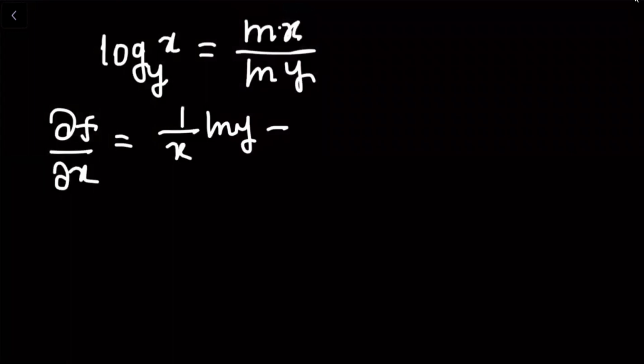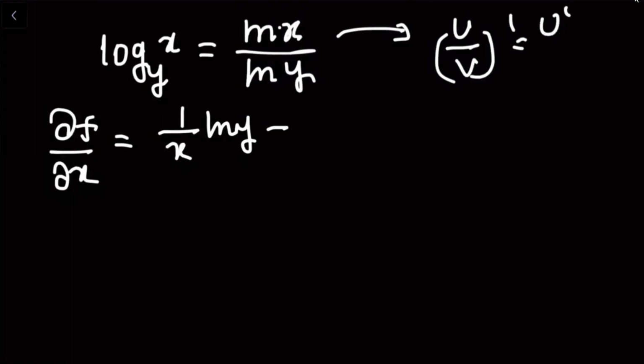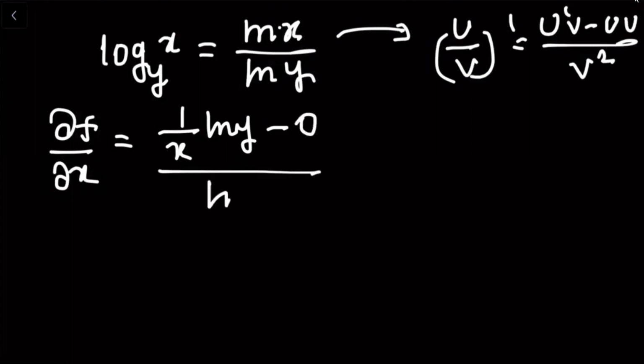I am using the u/v formula: (u'v − uv') upon v², minus the derivative of log y. Since y is constant, it gives us 0, upon (log y) whole square.